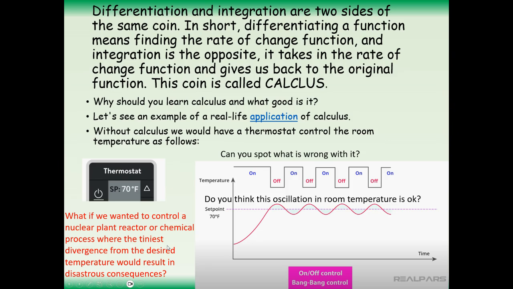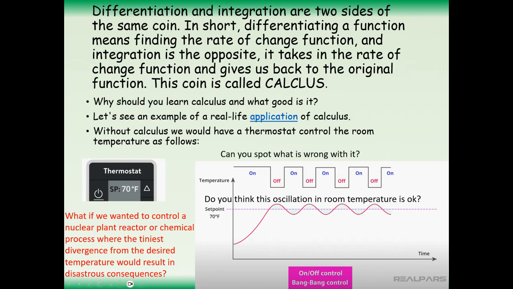Do you think it's acceptable to have this kind of oscillation around the temperature that we want? Well, no. In real life, over the past 100 years, we have overcome these difficulties, and we have devised methods to overcome this difficulty.